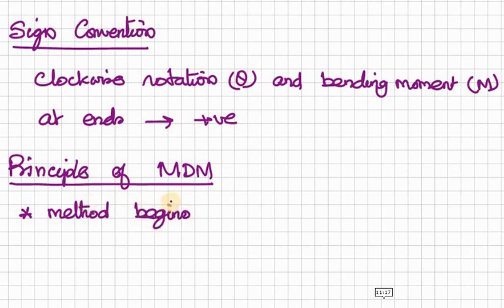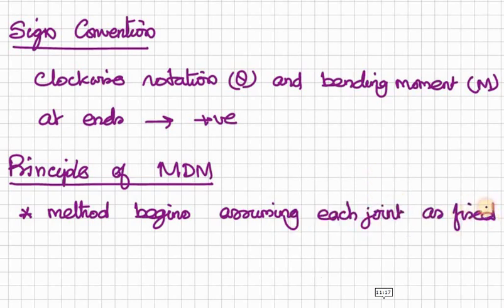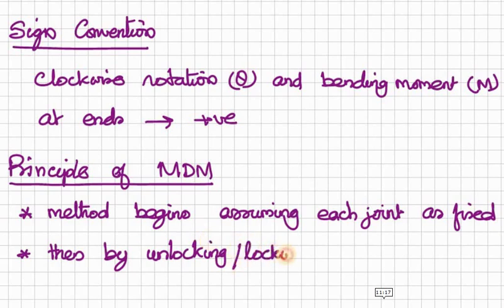Then by unlocking or releasing and fixing each joint in succession, the internal moments at the joints are distributed and balanced until the joints have rotated to their final value. Just like a trial and error procedure. That is why it is an iterative process.